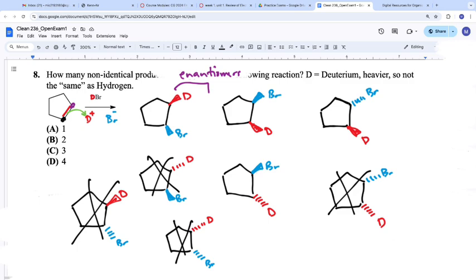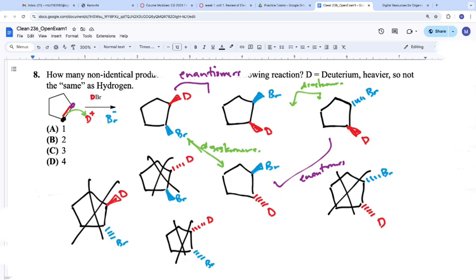If we take this one and flip this one over, we should see it's the mirror image there. So these are enantiomers. And then hopefully what we see is these are our diastereomers. And then these two. Diastereomer. Right. So we get 4 products with all those individual things.